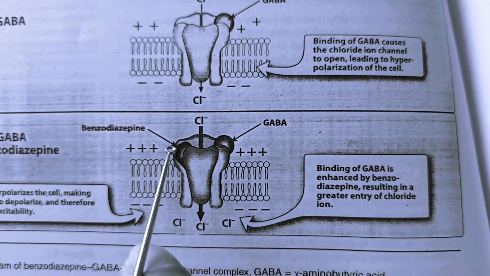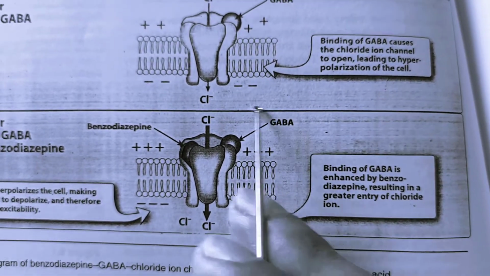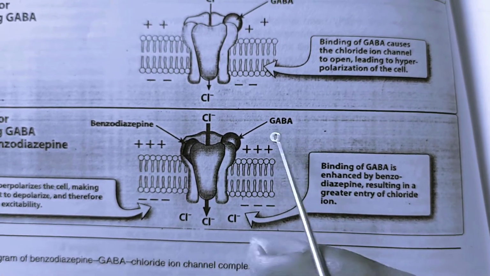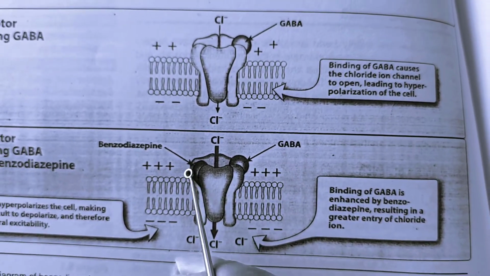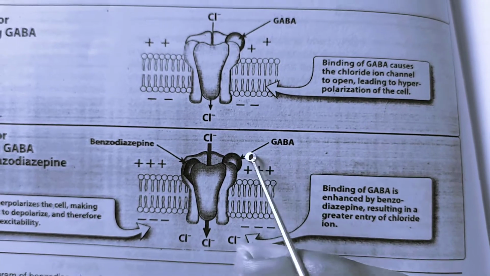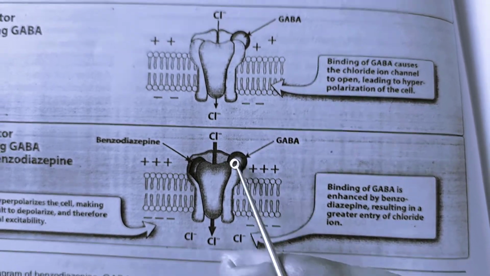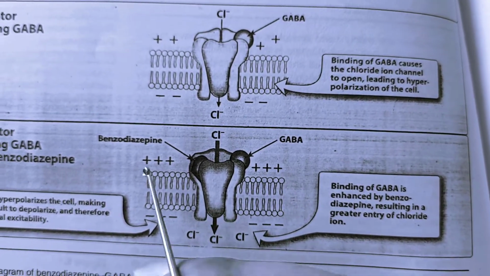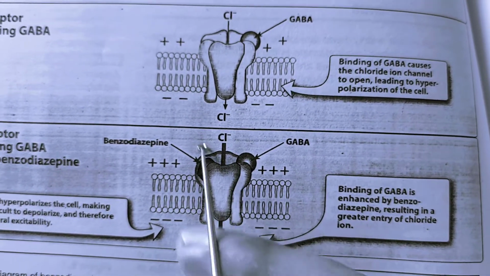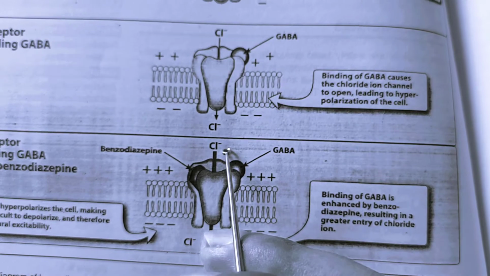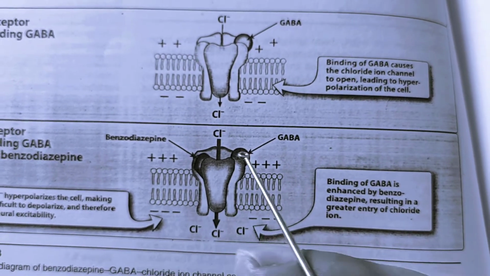The benzodiazepine binds here to facilitate the binding of the GABA. That means the action will be exerted by the GABA, and benzodiazepine invites the GABA to bind this site, resulting in the opening of the chloride channel. So, benzodiazepine directly cannot open this chloride channel. I think it is clear.